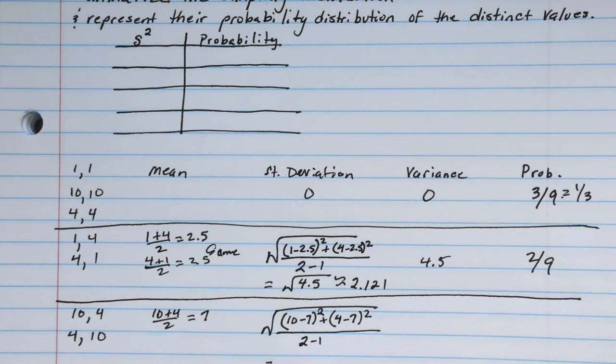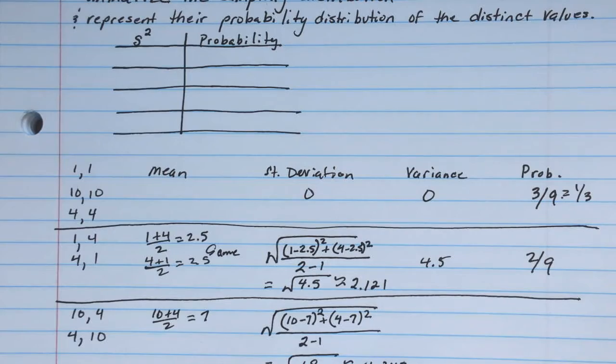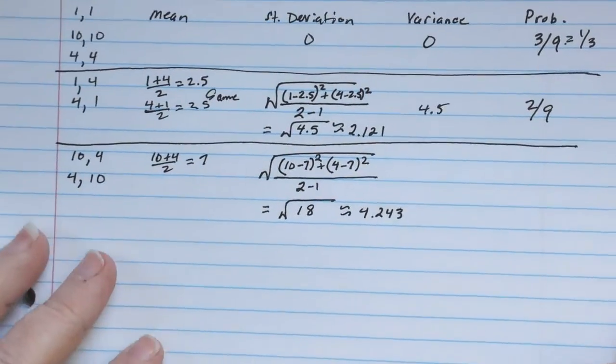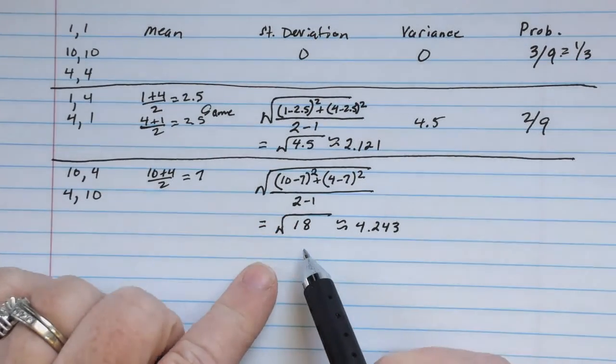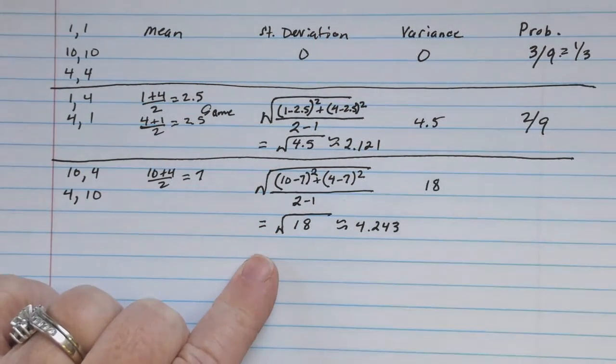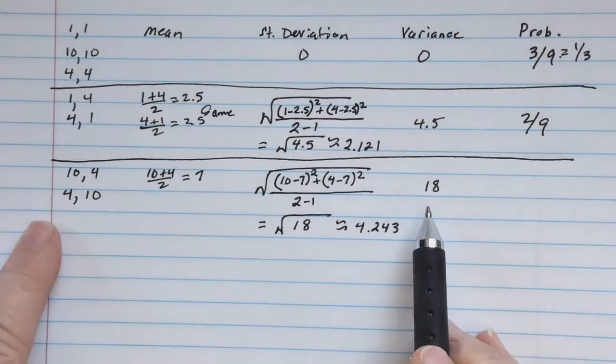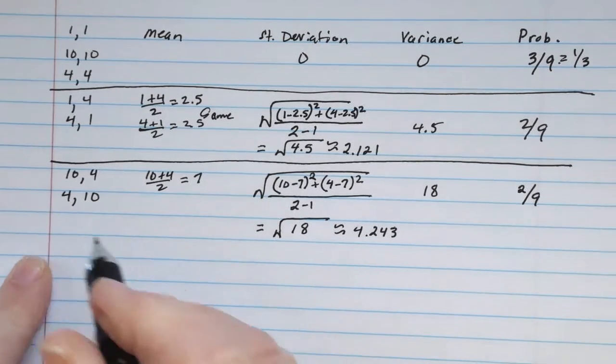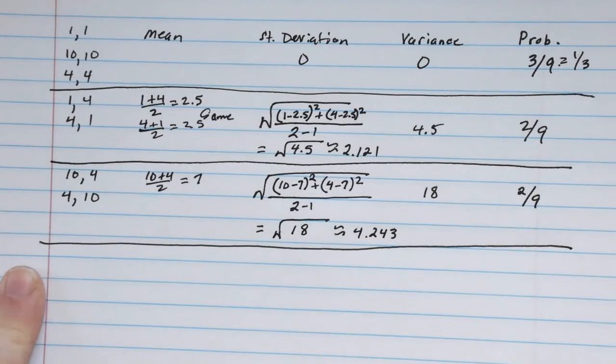So when you calculate that, you have the standard deviation of the square root of 18, which is approximately 4.243. Squaring your standard deviation to get your variance, your variance is 18. Your variance occurs for 2 of the 9 samples, so 2 over 9 is your probability of getting a variance of 18.